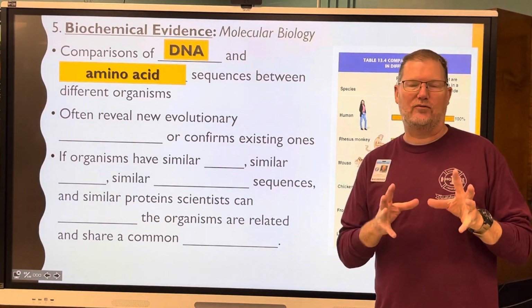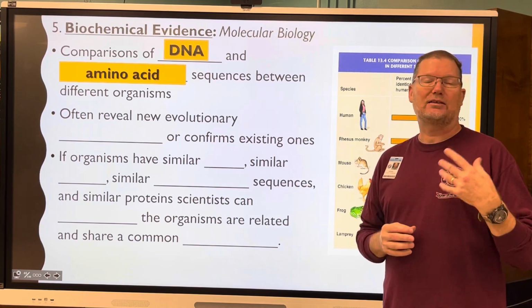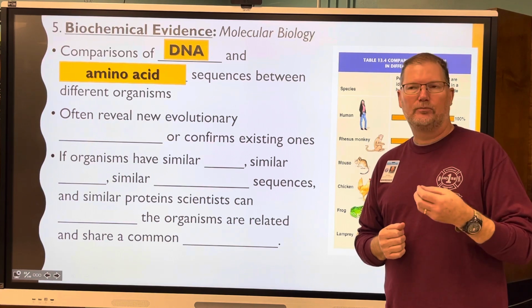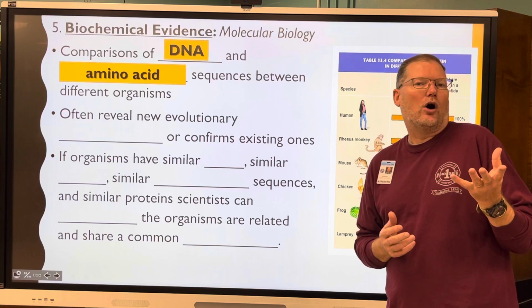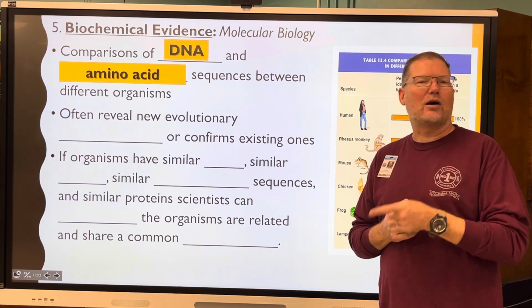Years ago, they didn't have this. Years ago, they made a lot of mistakes. Oh, this is related to that. Like the hyena, for example. You look at a hyena from Africa, and they look like a dog. Sort of a weird dog, but they look like a dog. But they're not related to dogs.